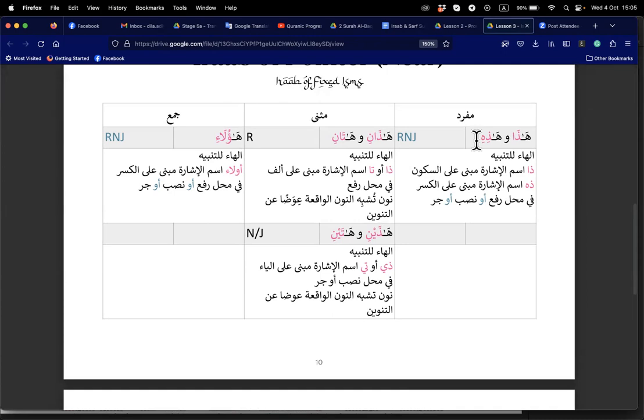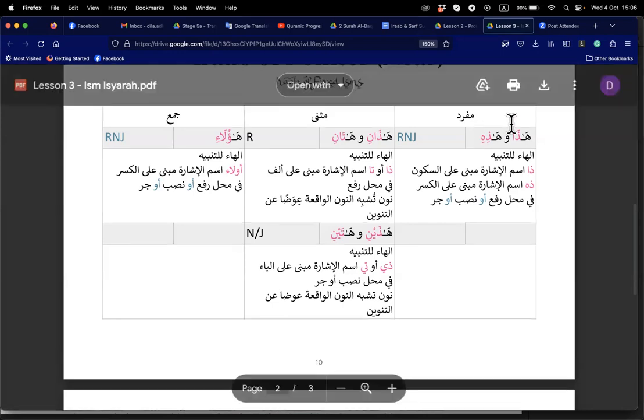Okay, so that day when we did our Muslim chart and all of those isms, we said the status, the role first, like khabar or mubtada or whatever it was, or ism inna, and then we said the status, and then we said the sign. So marfu khabar marfu bidamma, for example.